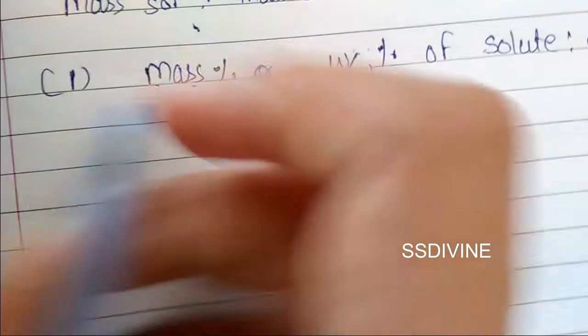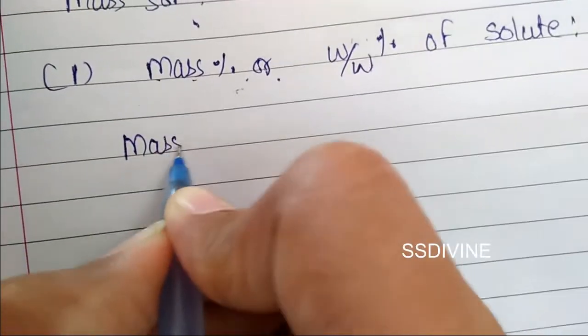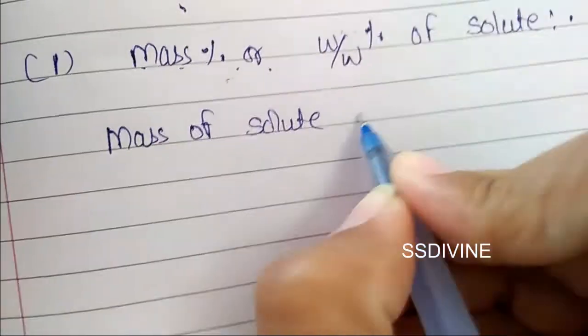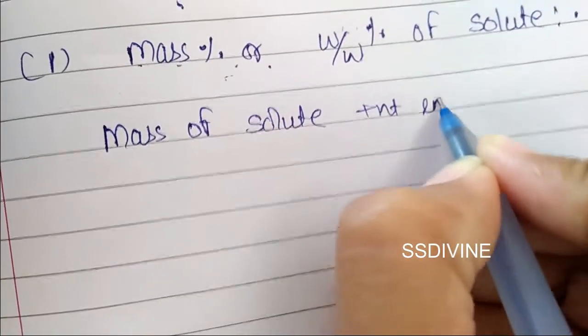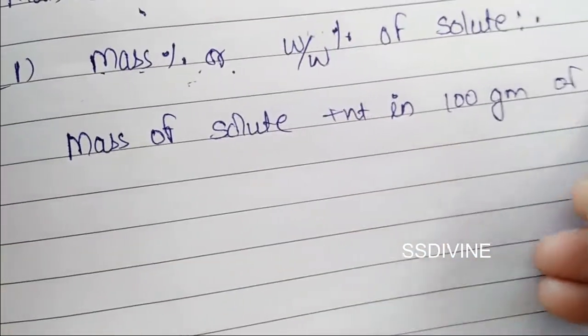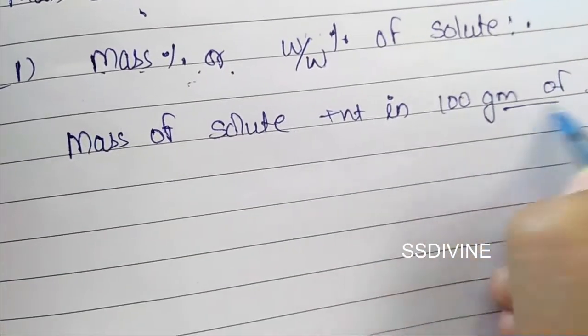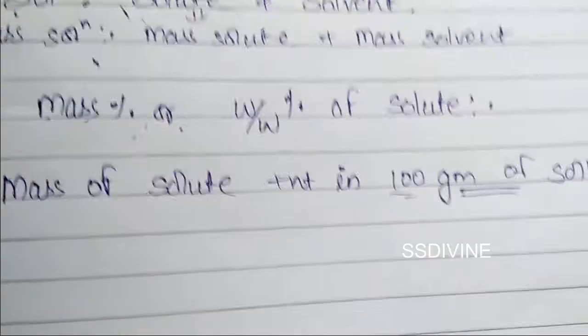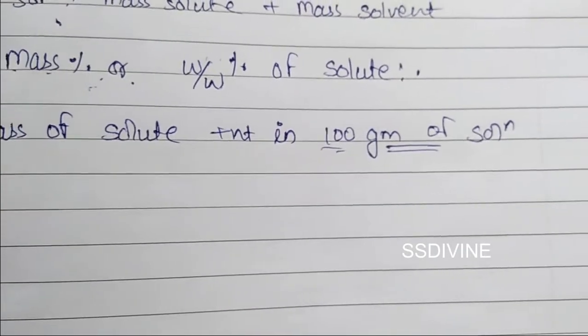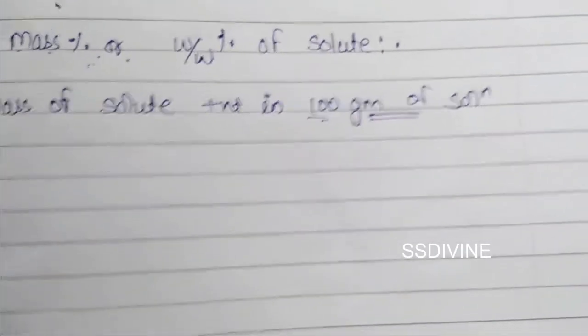It is nothing but the mass of solute present in 100 gram of solution. ठीक है, 100 ग्राम सोल्यूशन के अंदर कितना सोल्यूट प्रेजेंट है, दैट इज योर मास परसेंटेज, और यू कैन से मास परसेंटेज ऑफ सोल्यूट.